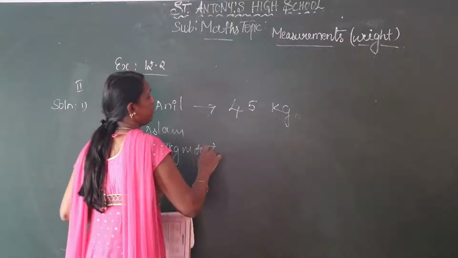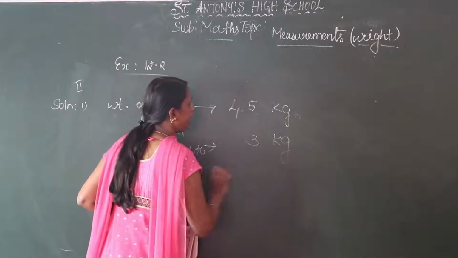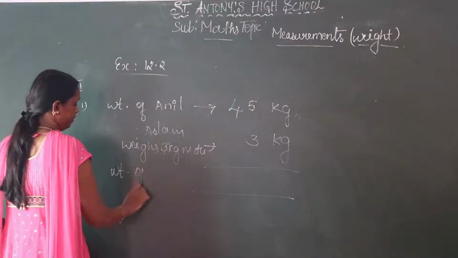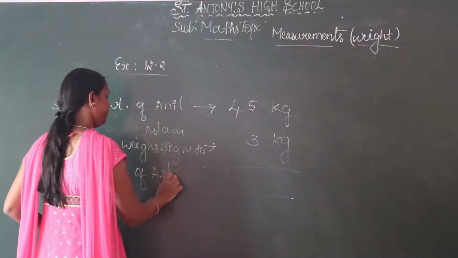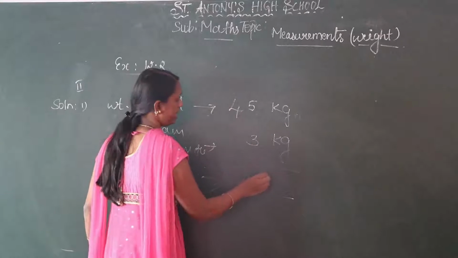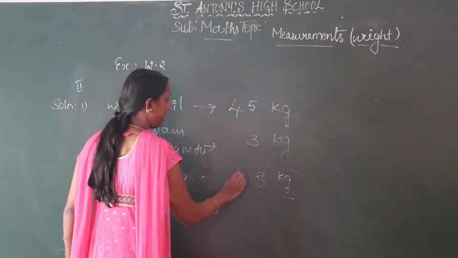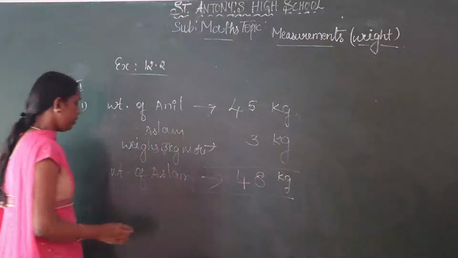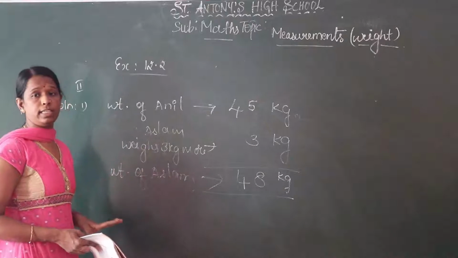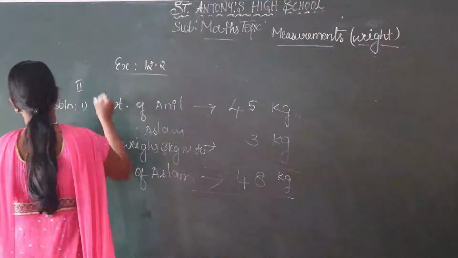Okay. So now we have to add 3 to the weight of Anil. You get the weight of Aslam. Weight of Aslam is equal to 5 plus 3, 8. Write down kg. 5 plus 3, 8. 4 as it is. Now we conclude that the weight of Aslam is 48 kg. Okay children, next.